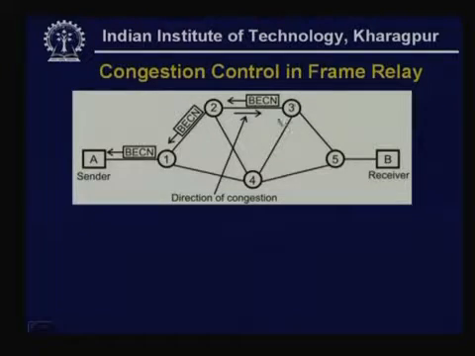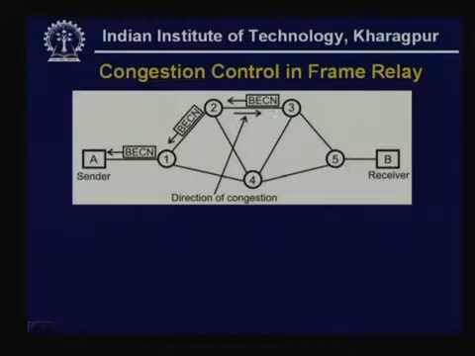So this particular switch identifies it by some means. How it is identified, I shall explain in detail. Each switch or node identifies whether congestion has taken place in the forward direction. Whenever it identifies that congestion has occurred, it sends an explicit BECN packet to the source.